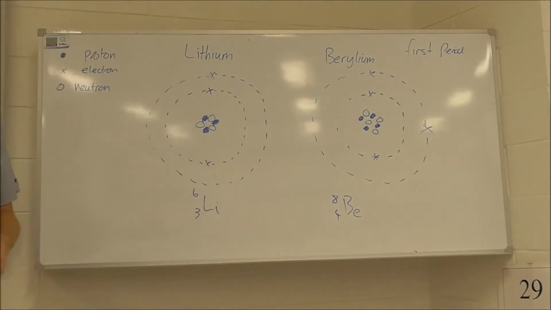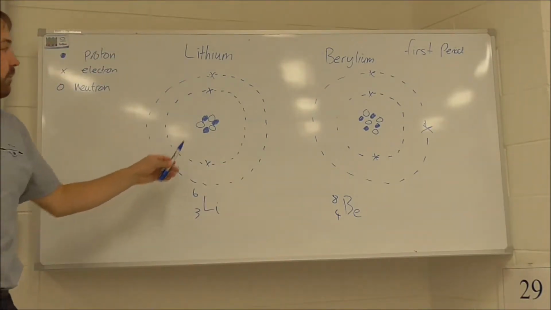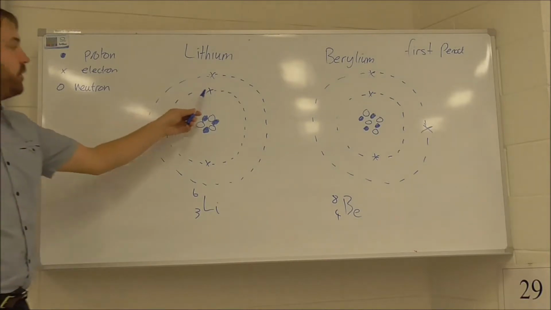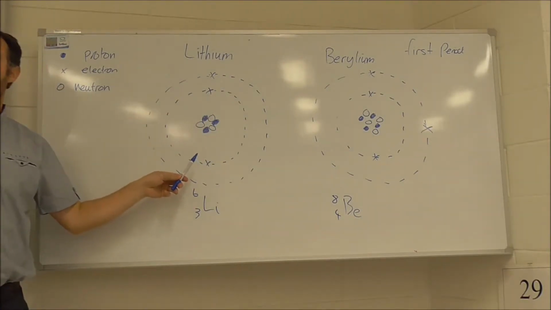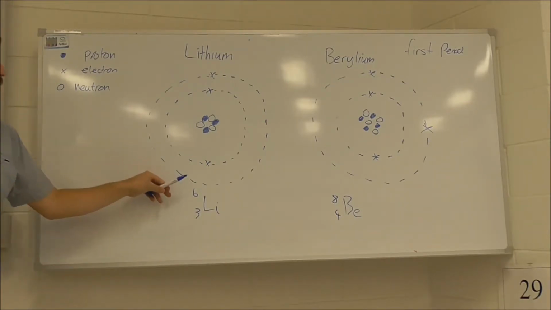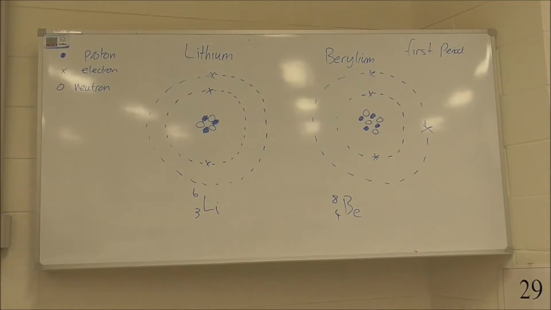When we had hydrogen and helium, we could only hold 2 electrons in that first shell. After that, we had to go to another shell, so we had to have 2 shells. And if you have a look at the periodic table, we've got 2 different species of atoms in the first period, hydrogen and helium.